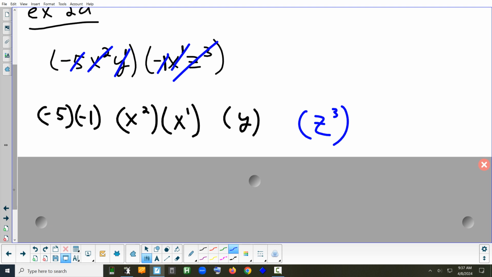Okay, so now let's combine what we can. What's negative 5 times negative 1? 5. Yep, perfect, 5. What's x to the second times x to the first? X to the third. And then what do we do with the y?